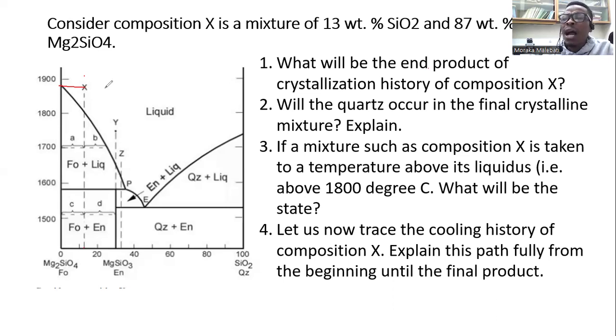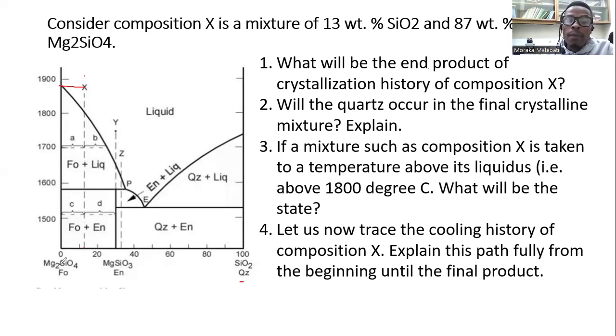You'd agree with me that because this composition falls between the pure forsterite and the pure enstatite, it must end its crystallization history containing only crystals of forsterite and enstatite. That is to say, no quartz will occur in the final crystalline mixture.